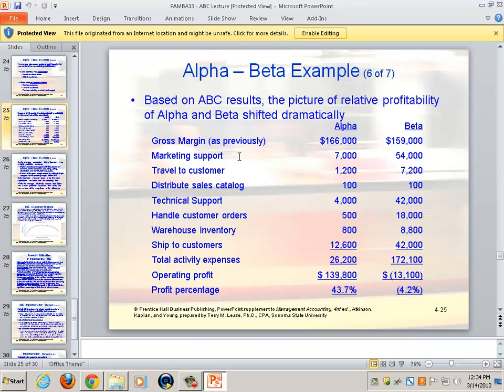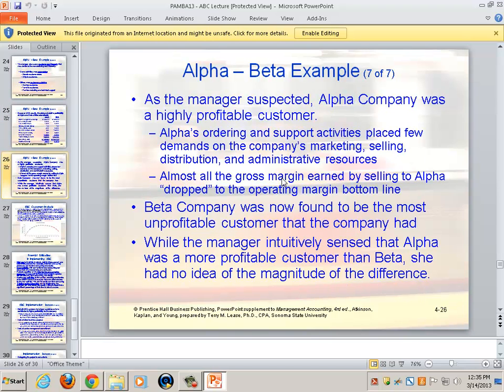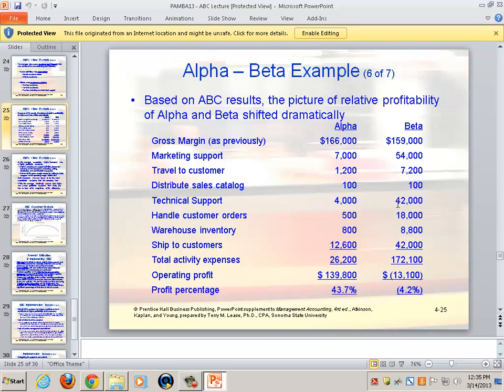Well, for marketing, roughly the same volume of the product and revenues generated, beta close to 8 times that of alpha. Technical.